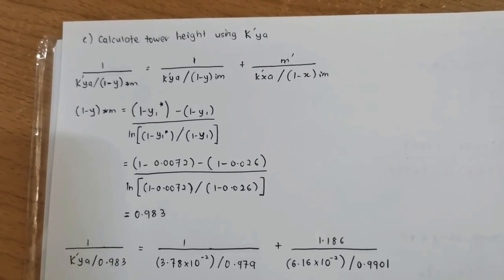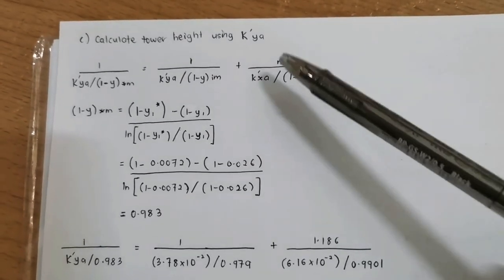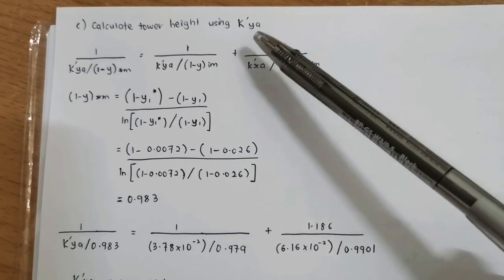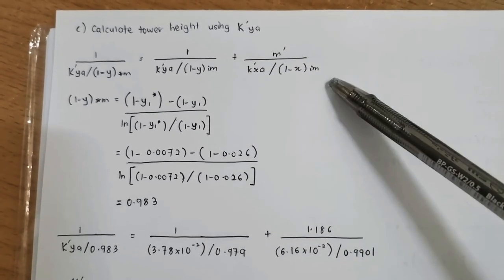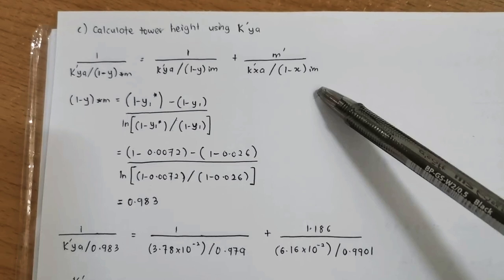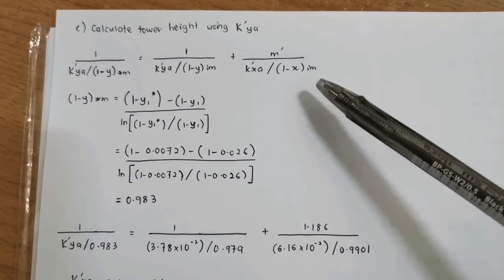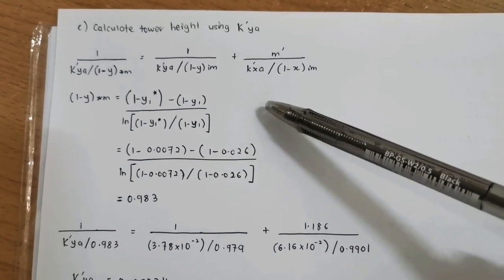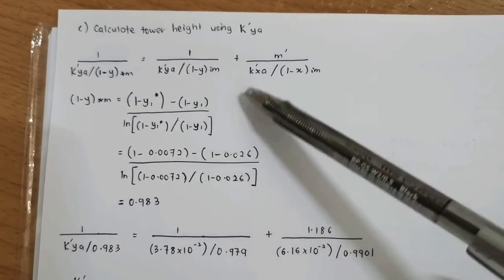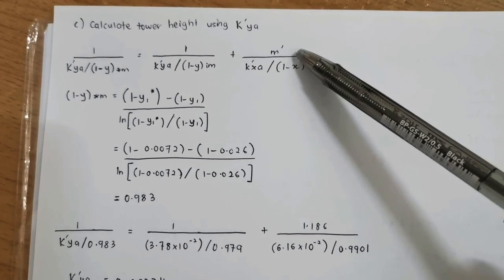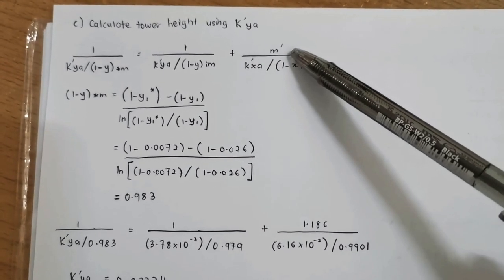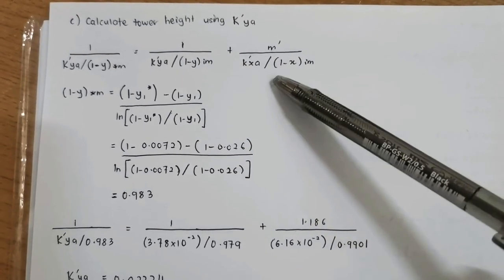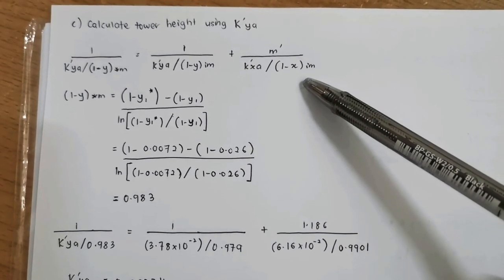Okay, so for the last question, we have to calculate tower height using capital K prime YA. In order to find the K prime YA, we use this equation that we got from the appendix for packed absorption column. For this equation, all the values such as K prime YA, K prime XA and m prime we can get from the equation given. 1 minus y im and 1 minus x im we have calculated just now.